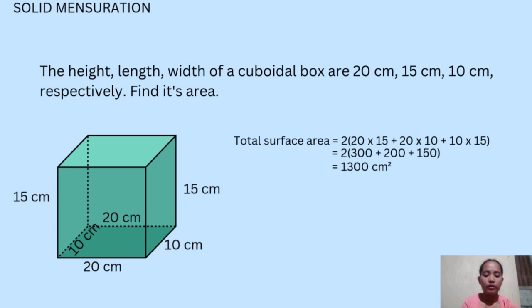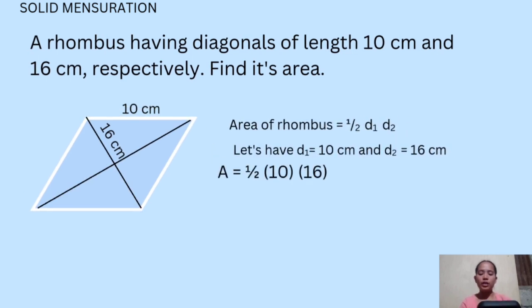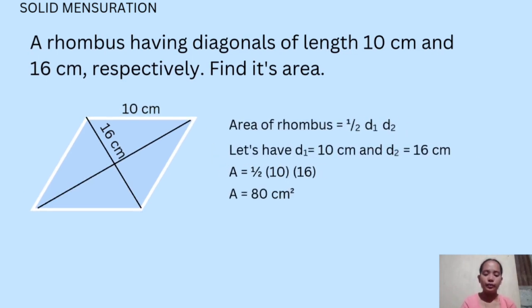Maybe you are confused because it is already 2 times 20 but we multiply by 2, because we need to find the area and the pairs of faces are only half. So first let's sum the inside of the parentheses before we multiply by 2 and we get the answer of 1,300 centimeters squared.